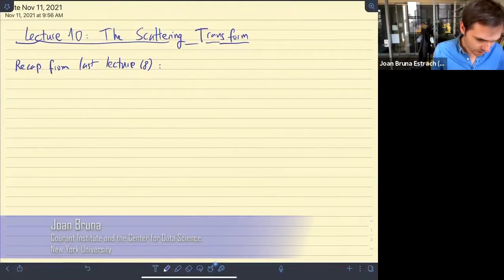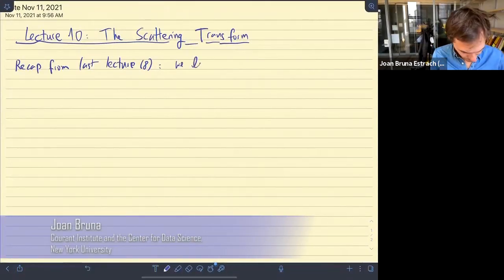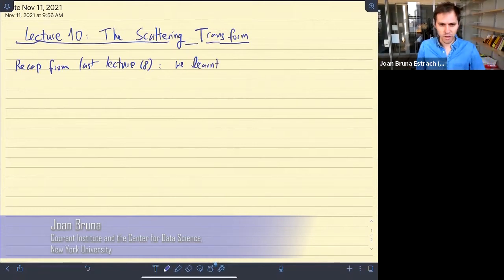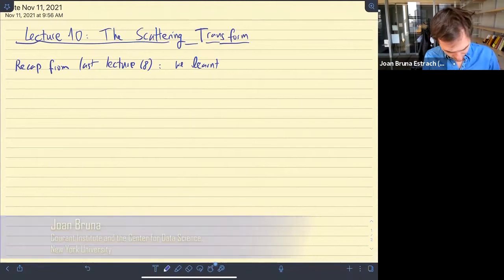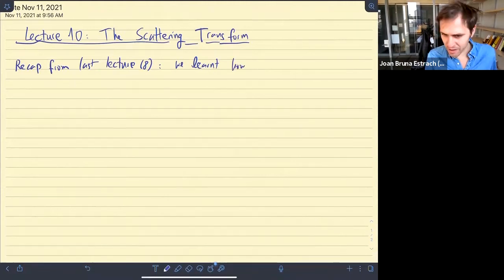We learned how to construct group invariant representations for specific sorts of groups. In that case, that was one parameter groups. How to compute.